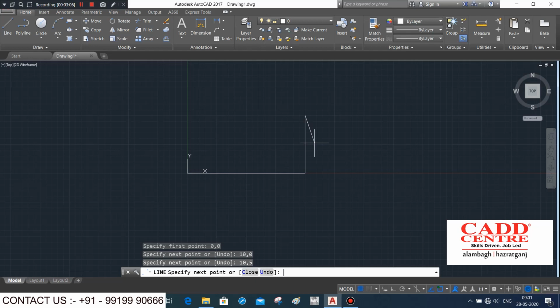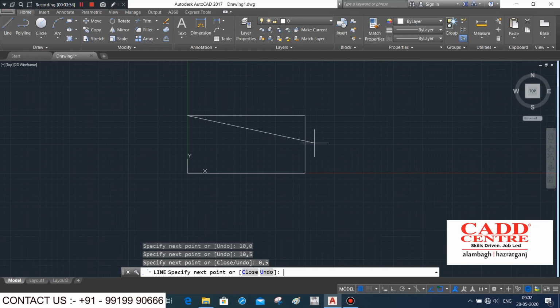Now we have to draw another line which is to be parallel to the x-axis, means in negative direction, having a distance of 10 units. So for that we will provide the coordinates for the point D, that is 0, 5. We have drawn another line which is in negative direction.